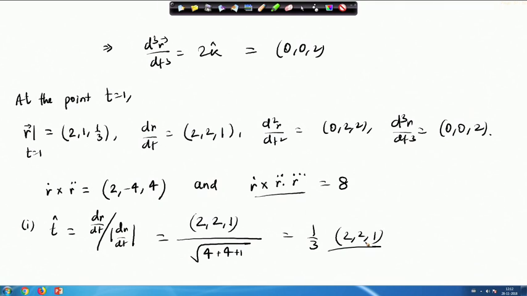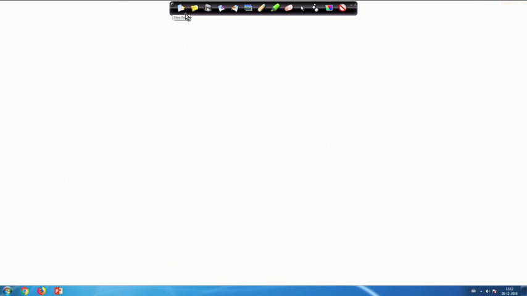Now that we have the unit tangent vector, for the unit binormal we use the formula, where the binormal is given by this relation here, T times N cap.